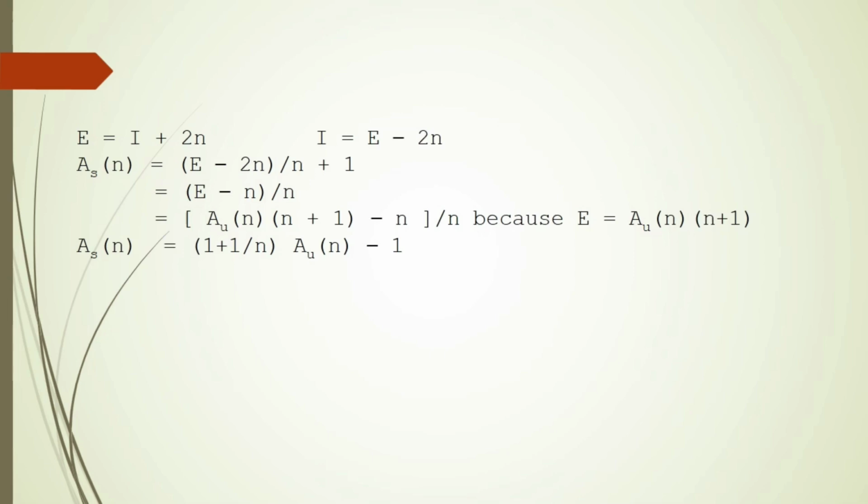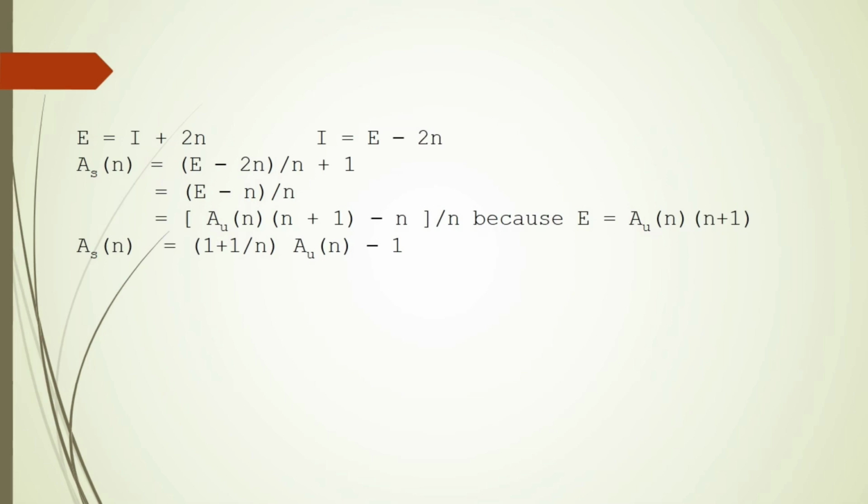We have considered the equation: the external path length is related to the internal path length by the formula E is equal to I plus 2n, which implies I is equal to E minus 2n. Now, the average number of successful comparisons, we have given it as I divided by n, plus 1. So what is I?